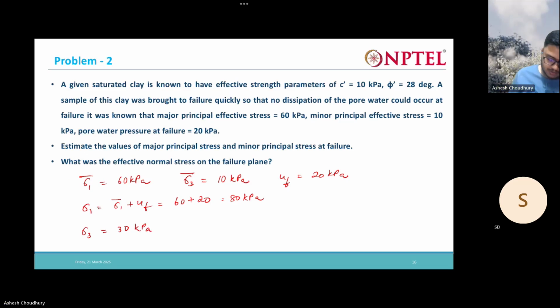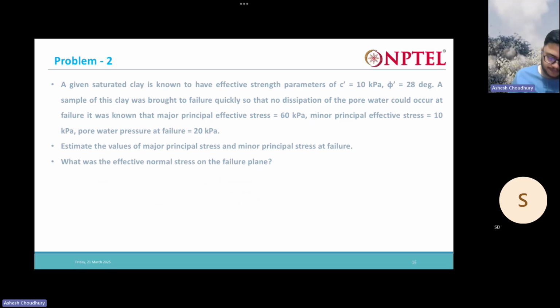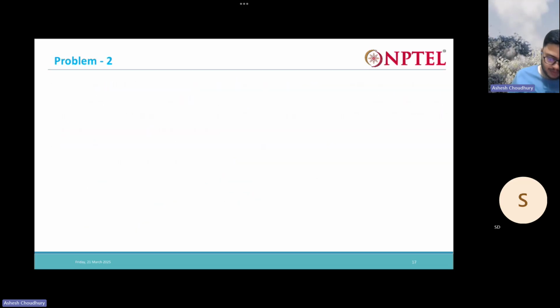Similarly, now we have the normal effective stress at the failure plane. The normal effective stress at the failure plane is given by this.